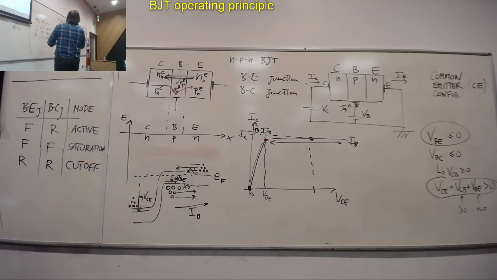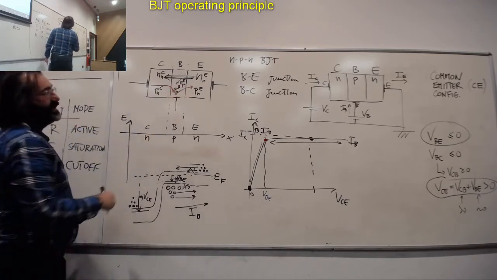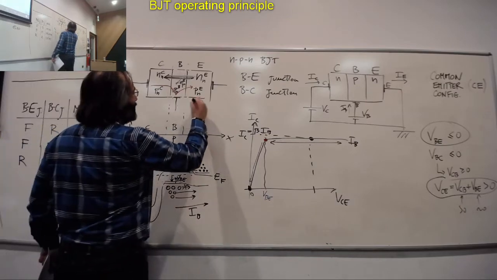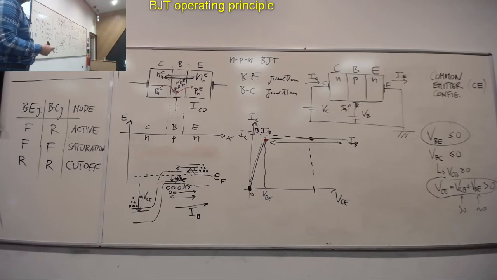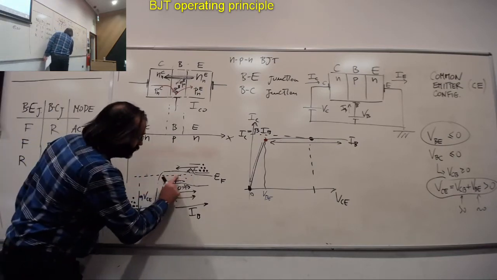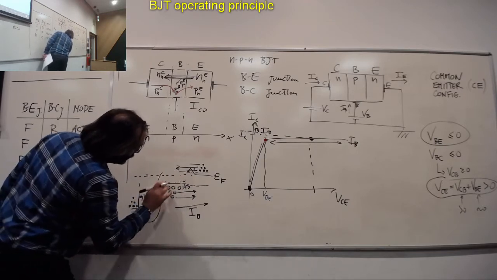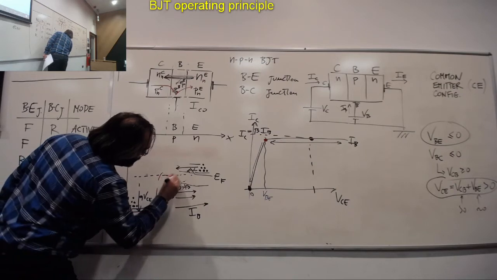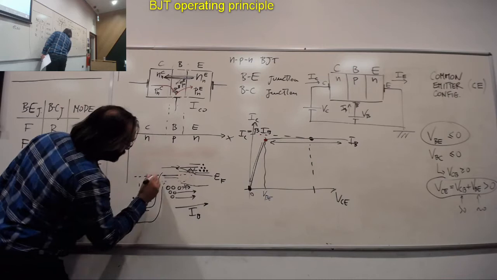The only current that may pass through is the reverse current, the one that we indicated previously as IC0. That's the only current that may pass through the transistor. It's a very small current due to the reverse bias condition. So on this diagram, the only thing I need to change is really to shift upward these things so that the Fermi level is here, and so things will look something like that.